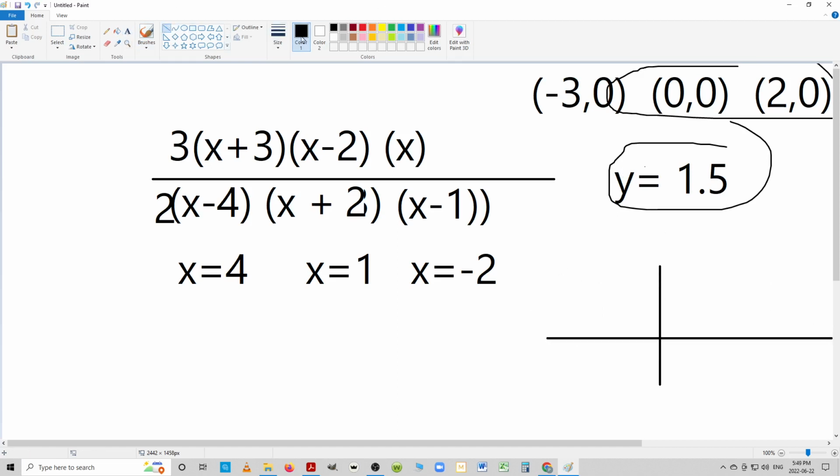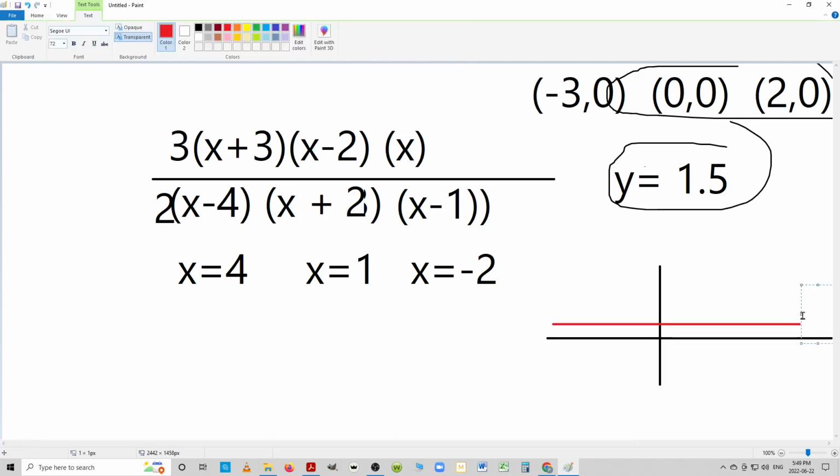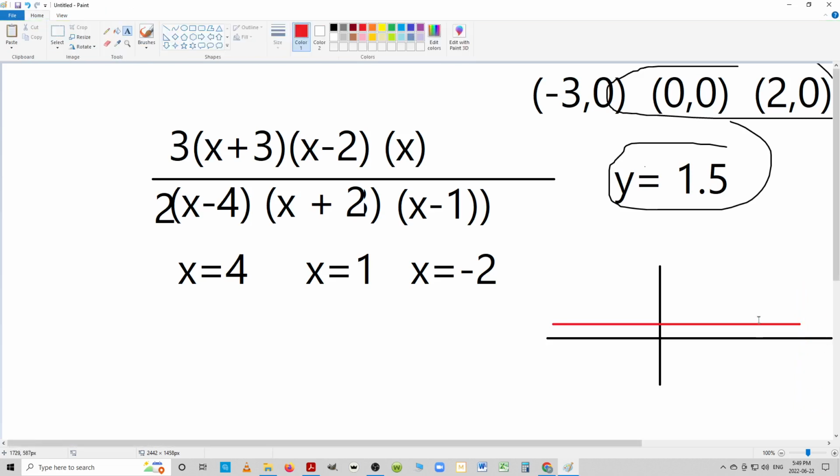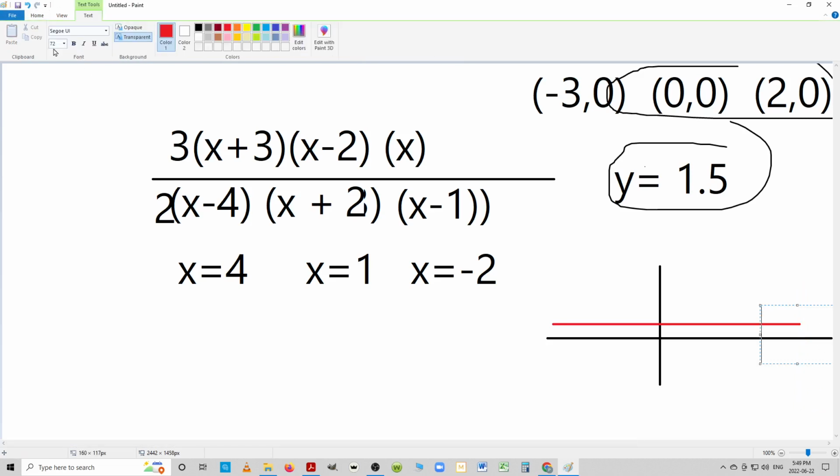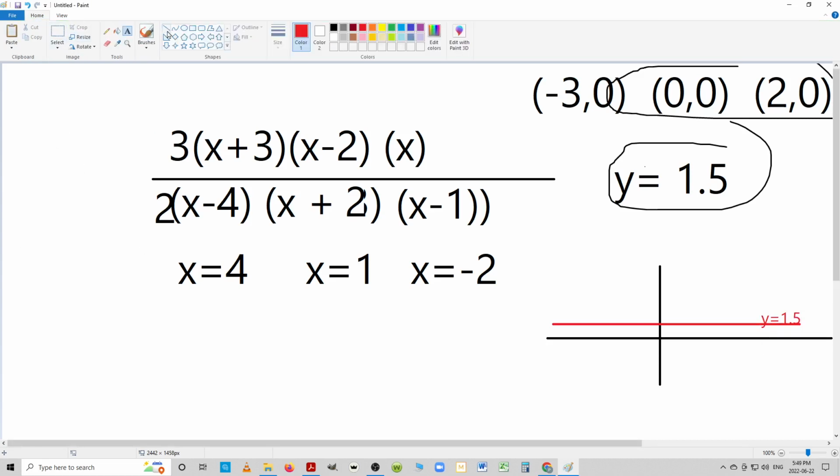And I'm going to right away put my horizontal asymptote. And it helps if you label them. So I'm going to put my horizontal asymptote there, and I'm going to label y is equal to 1.5. It helps if it's a little bit smaller. Yeah, that should be normal. There we go. Y is equal to 1.5. Now I'm also going to label my vertical asymptotes that I just did.